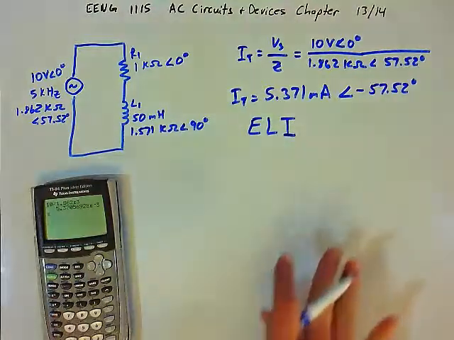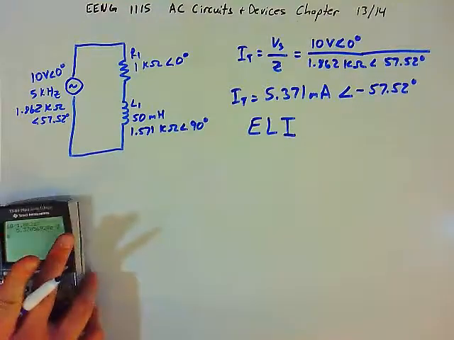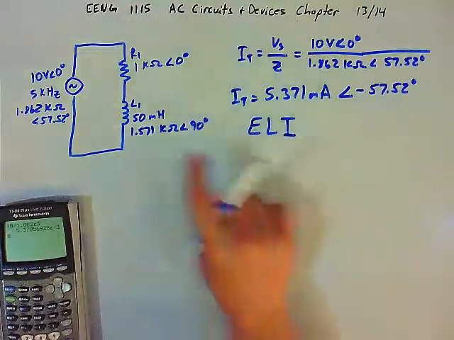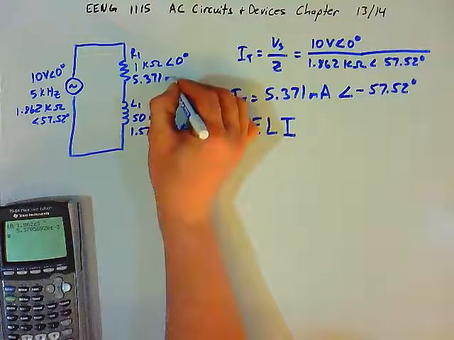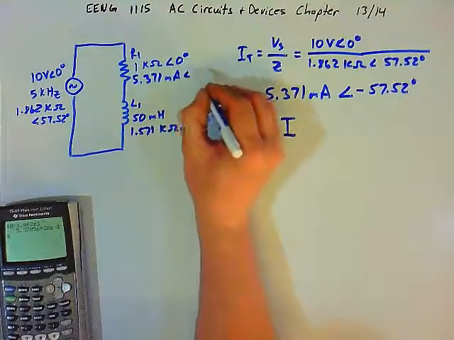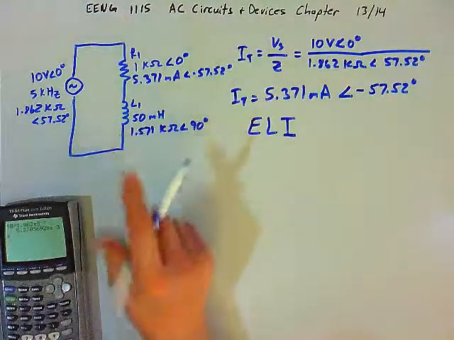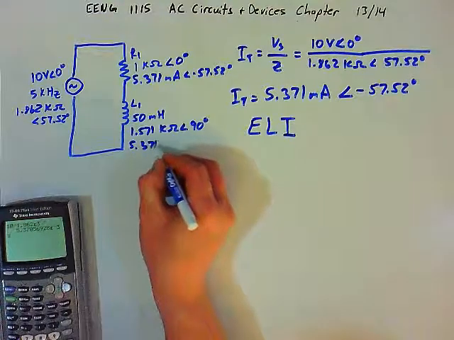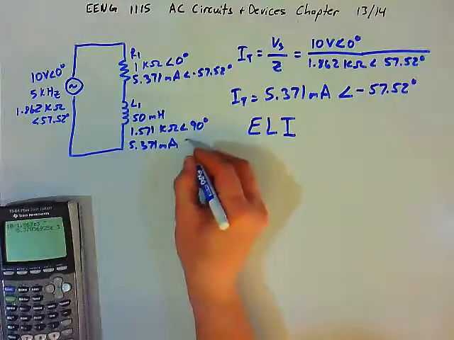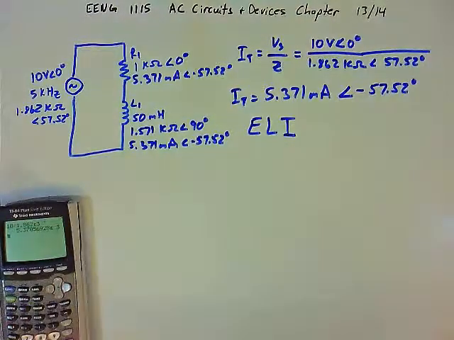So now we know the total current, and the current in the circuit is the same everywhere because it's a series circuit. This is RMS value, so the current is the same everywhere. We're going to have 5.371 milliamps at an angle of negative 57.52 degrees. That's for the resistor and the inductor.